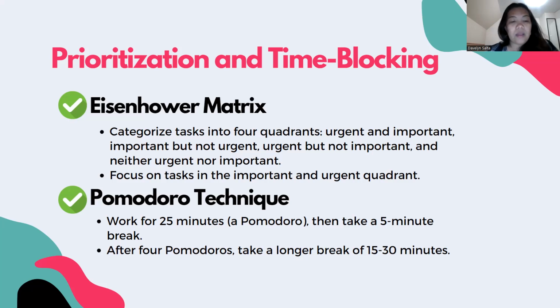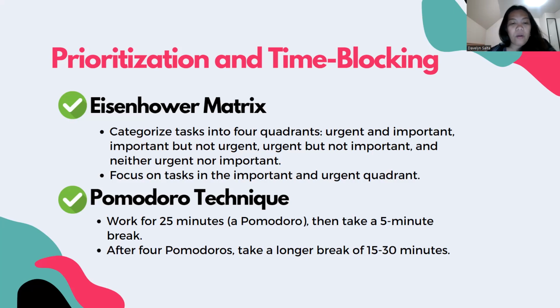Okay. Next is I want to introduce you to Pomodoro technique. So work for 25 minutes, then take a 5-minute break. So if you want to know more about Pomodoro technique and how it can help you in your time management, you can also watch videos or research more about this one.